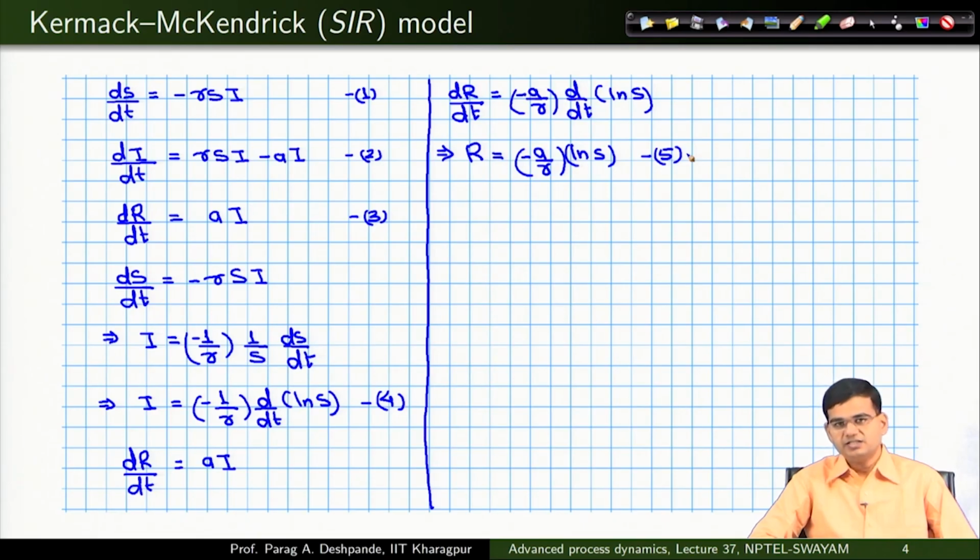If you can determine S, then you take the log of it, multiply it with minus a upon r, you will get the number of removed persons.